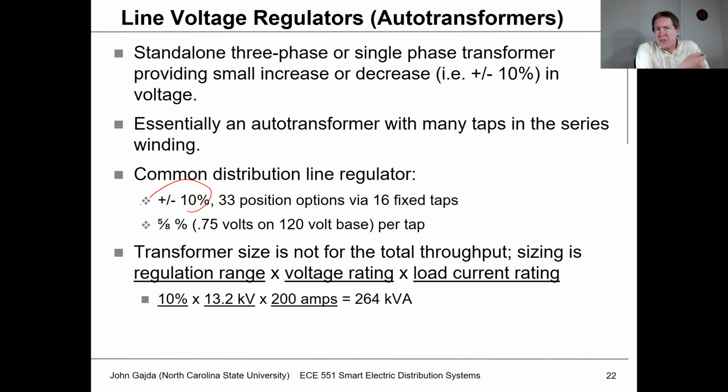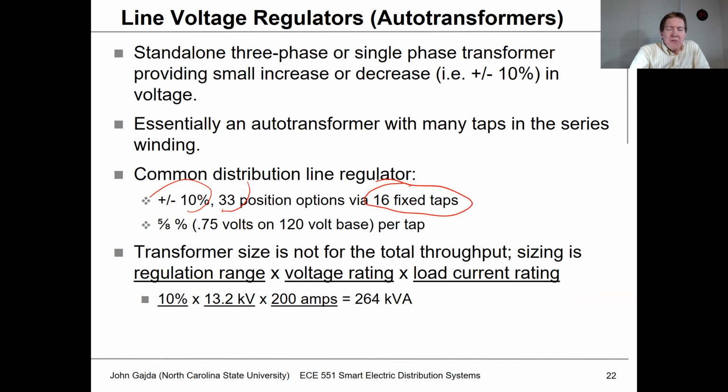These could also be set up for plus or minus 5%. In a lot of cases, the windings used in the autotransformer relationships are going to have maybe 16 taps. Given that you can flip around the winding, basically reverse the polarity of the connection, this is going to give you 33 position options, as we'll see in just a little bit.